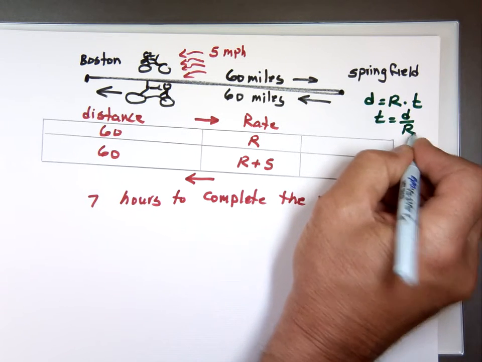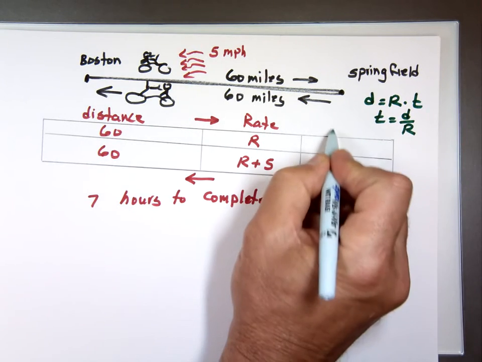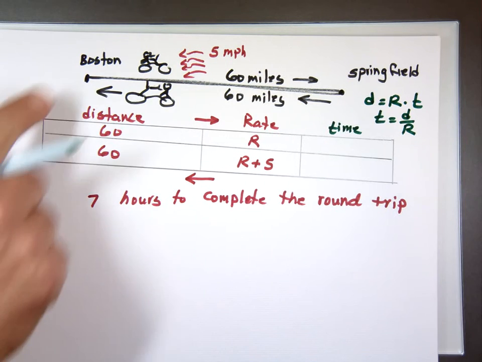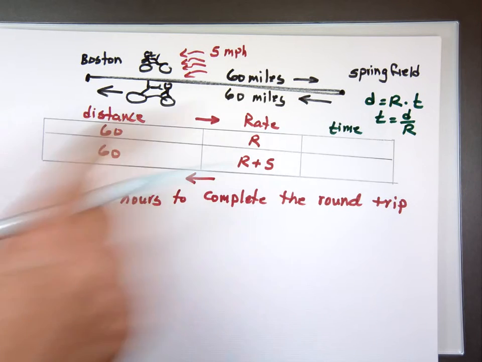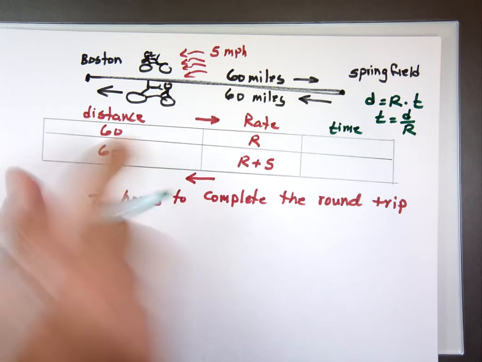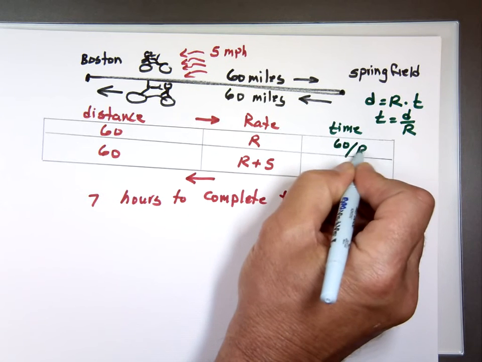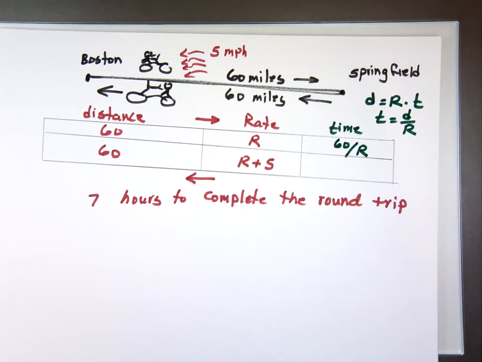So my time here, going from Boston to Springfield, is the distance I traveled, which is what? 60 divided by my rate, which is R. And what's the time for the way back going to be?